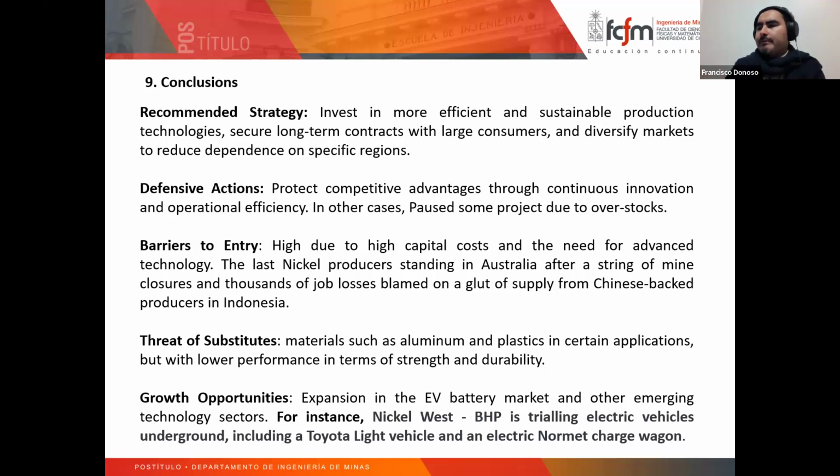Threats of substitute materials such as aluminum and plastic in certain applications. And finally, a growth opportunity: expansion in the EV battery market and other emerging technology sectors. For instance, in Nickel West, BHP is trialing electric vehicles underground, including a Toyota light vehicle and an electric mine truck.